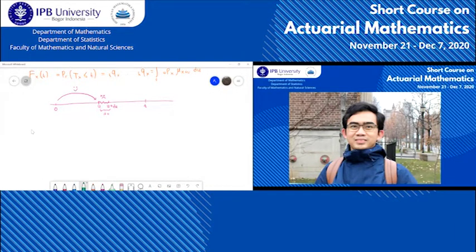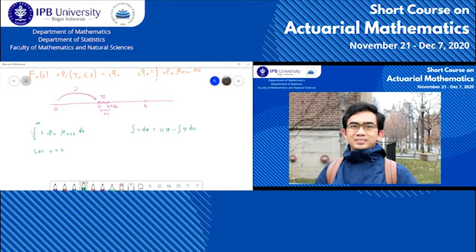Okay, we will simplify this expression, the integral from 0 to infinity of t times tpx times mu x plus t dt, using integration by parts. Recall that the formula for integration by parts is the integral of u dv is equal to uv minus the integral of v du. So let u be equal to t.